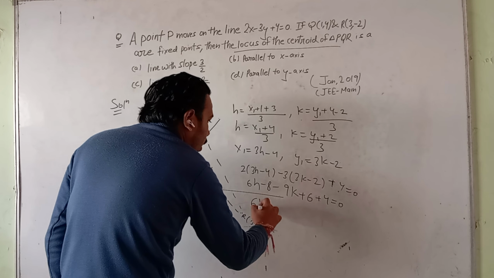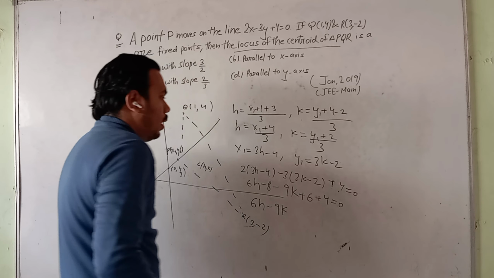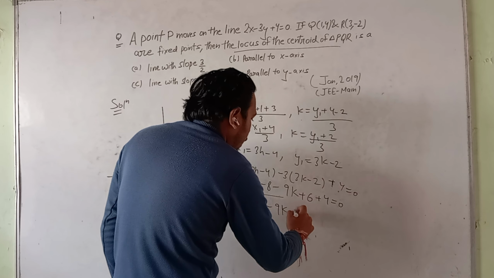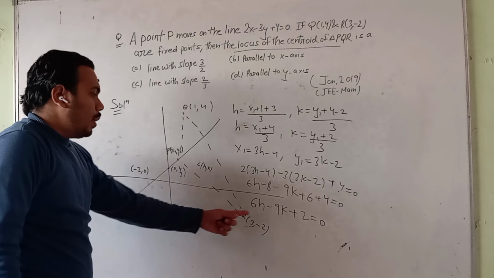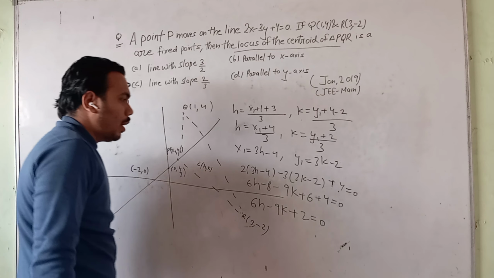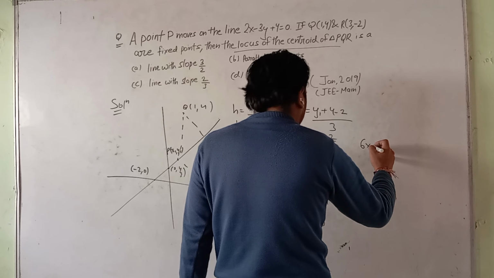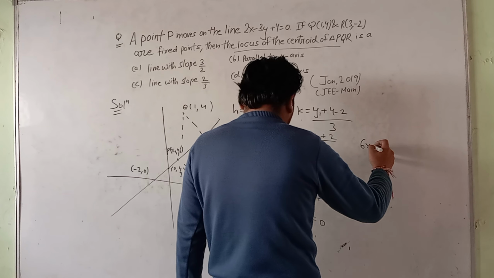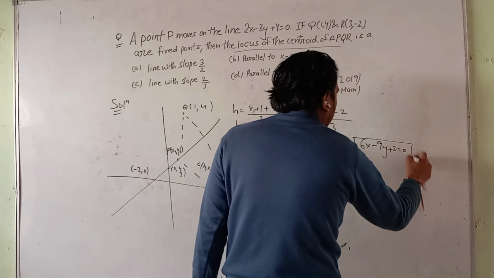Then it would be 6h minus 9k plus 2 equals 0. Now replace h by x and k by y. Then the locus would be 6x minus 9y plus 2 equals 0.